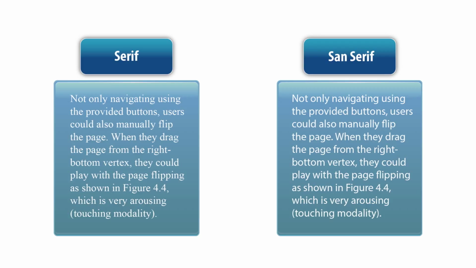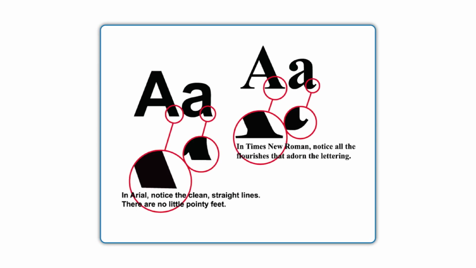Or if you are still ambiguous about that, this slide will make you understand better. The typeface on the left hand side is sans serif. You can see at the end of the vertex there is no decorative element. It is straight, it is very sharp.